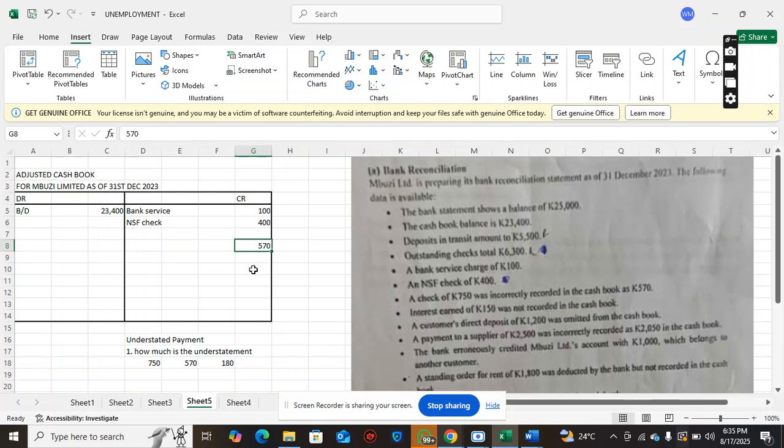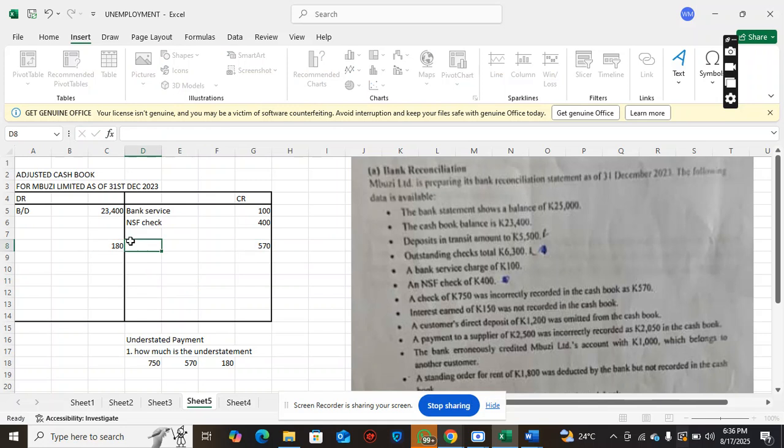So I was saying this 570, initially it was recorded on the credit side. It was understated by 180. So where would this 180 go? Because if you put it on the debit side here, this is what you're doing: 570 minus 180, you're now recording 390 on the payment side, which will be an error.